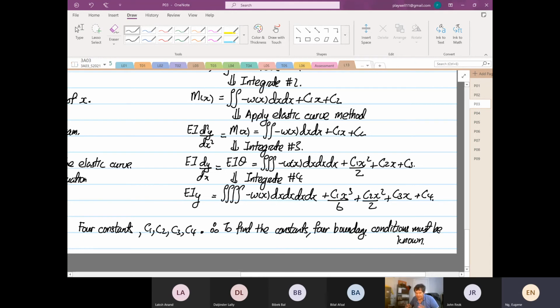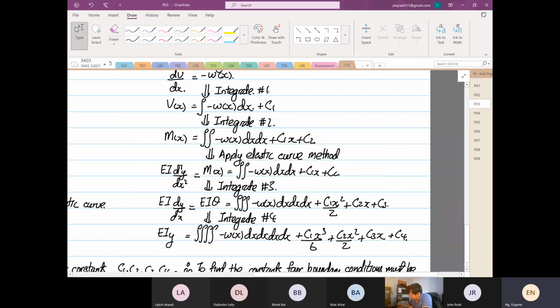So we're going to apply this method. We're going to look into this example. But one thing I want you to highlight to see is all these are a function of x. So what we have is v as a function of x, m as a function of x, theta as a function of x, y as a function of x, right?